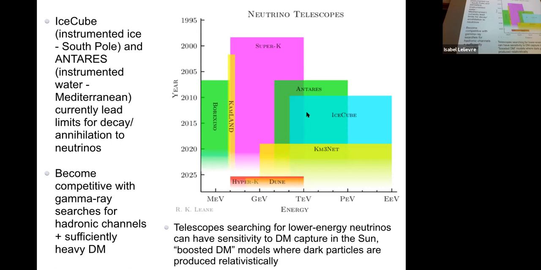Just maybe a naive question, but is the energy scale here directly proportional to the dark matter energy? No, excellent question. So this energy scale is the energy of the particles that you detect. In a lot of circumstances, that will be closely related to the dark matter mass, because the dark matter is non-relativistic in our galaxy. So when two dark matter particles annihilate with each other, the total amount of energy you have available is twice the dark matter mass.